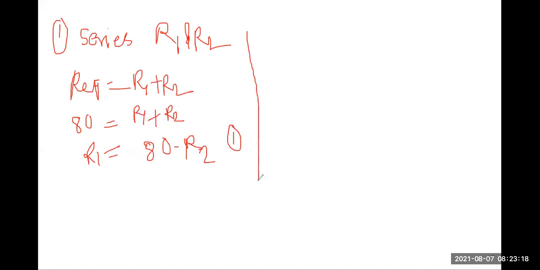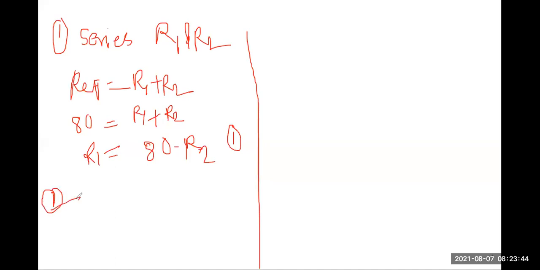Now, what will we get here? The second condition we have seen: when they are connected in parallel. Before that, you should know how to write it when resistors are connected in parallel.